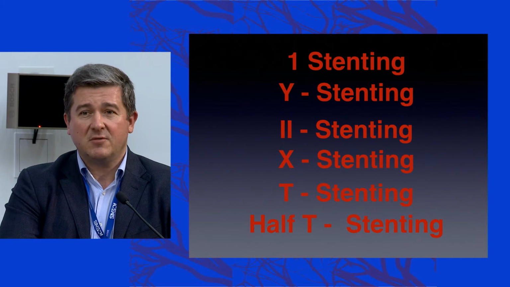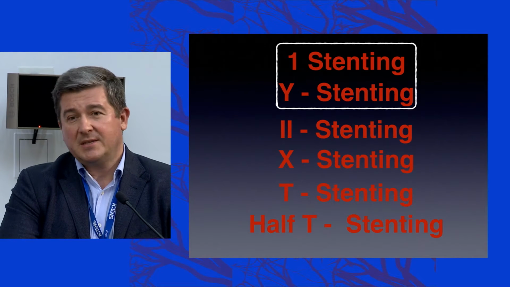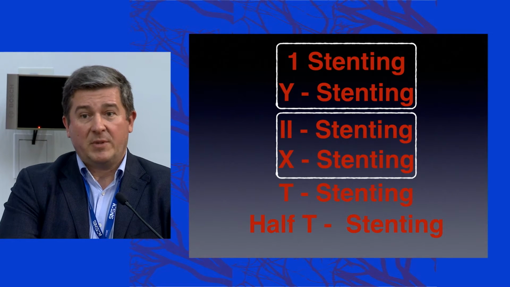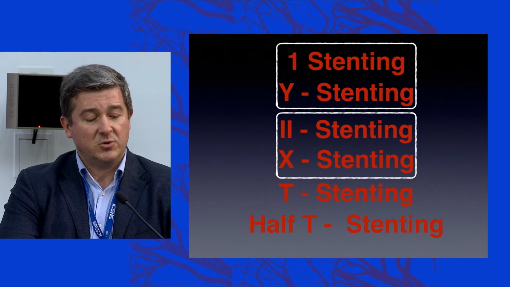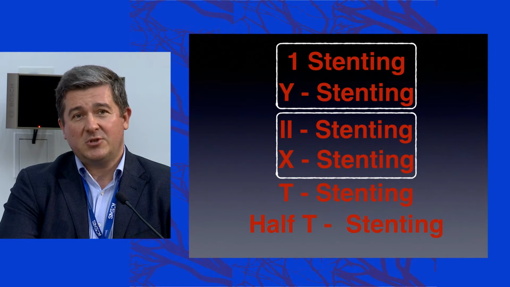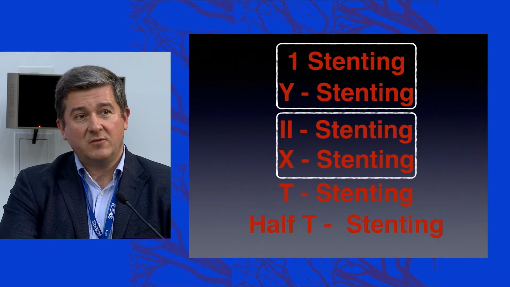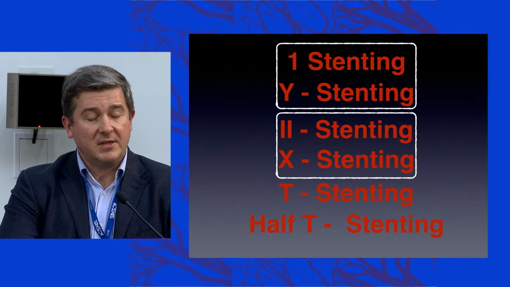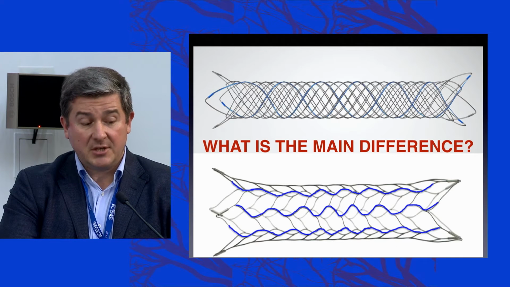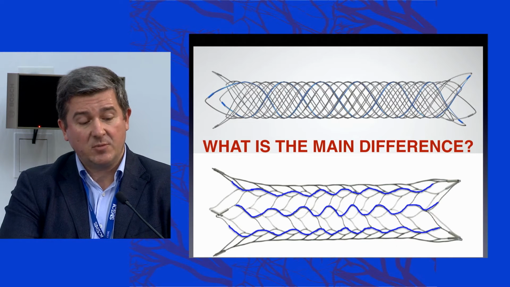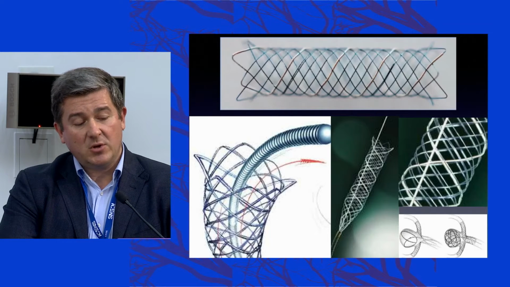But gradually the profiles evolved, the type of braid evolved, and for the main two types of stenting, and the two that follow, it was technically pretty easy to implement. At the next stage, T-stenting and half T-stenting developed, but everything starts with adequate and in-depth study of the main points. So what is the main difference between the two stents?